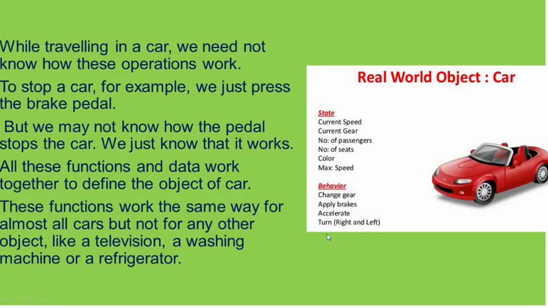But these behaviors are not essential for other objects like a television. These behaviors do not apply to a television or a washing machine or a refrigerator. But are these things objects? Yes, these are also objects. So these functions, states and attributes will define an object car but not these objects.